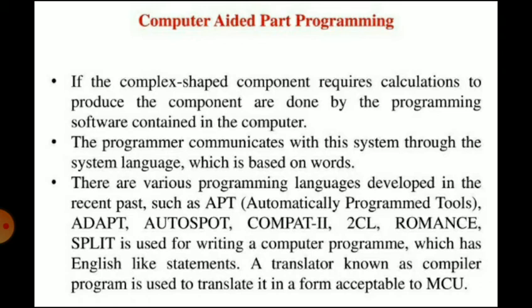Various programming languages have been developed in the recent past, such as APT, that is Automatically Programmed Tools, ADAPT, AUTOSPOT, COMPACT II, 2CL, ROMANCE, SPLIT, used for writing a computer program which has English-like statements. A translator known as a compiler program is used to translate it into a form acceptable to the MCU. MCU means machine control unit.